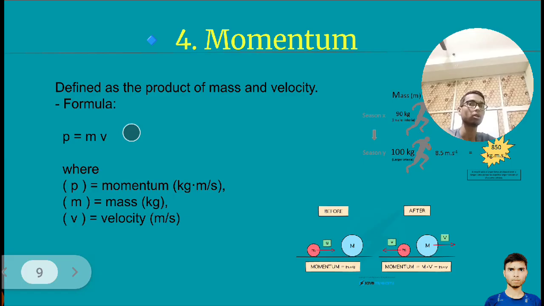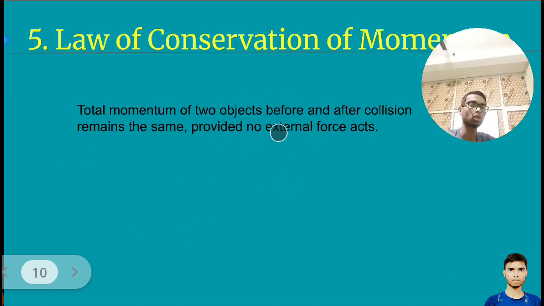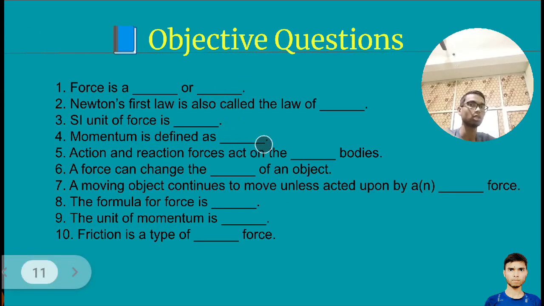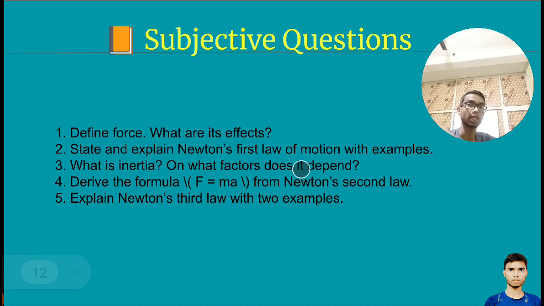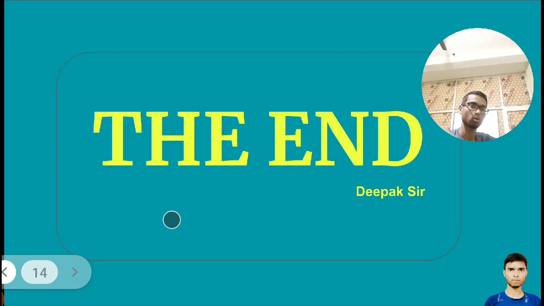To calculate momentum is just m into v, where P is momentum, m is mass, v is velocity. Then we saw questions, which are objective, and the subjective questions are for you. That's all we saw. So finally, it is over.